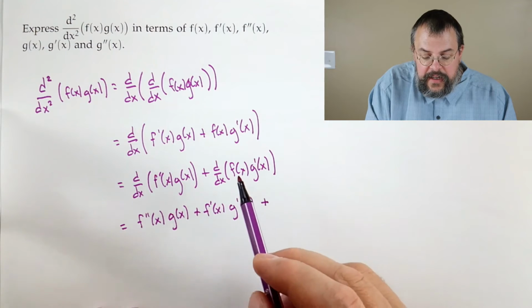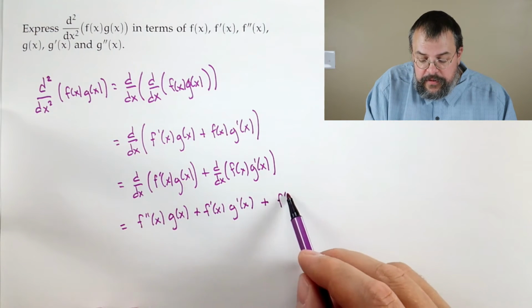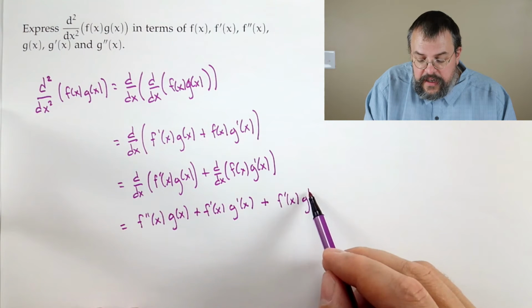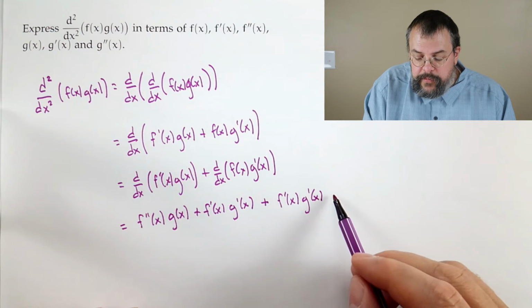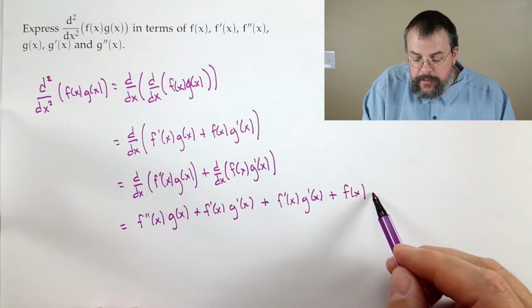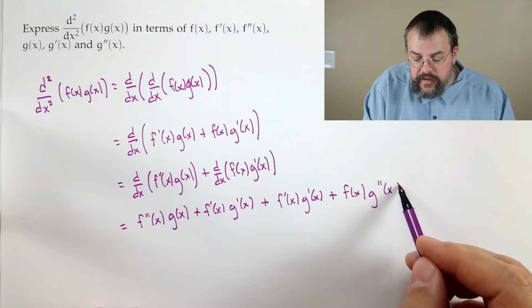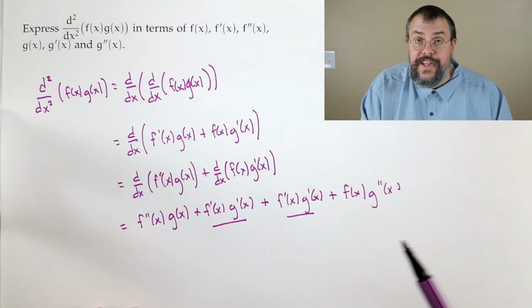Now we add to that, now we come to this one. The derivative of the first, that's f prime of x, times the second, you leave it alone, plus the first, f of x, times the derivative of the second, g double prime of x. Now you might notice that these two in the middle are actually the same.